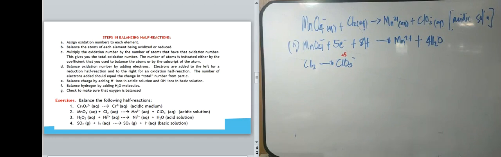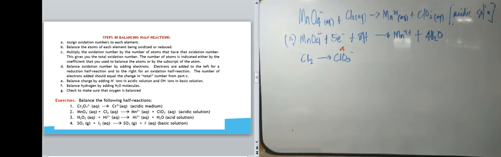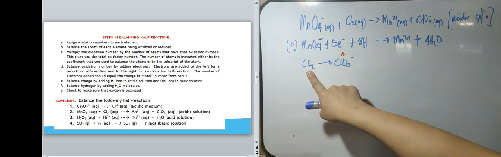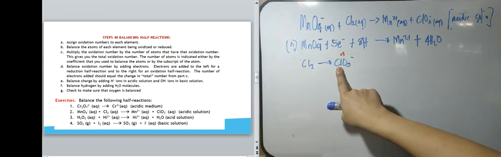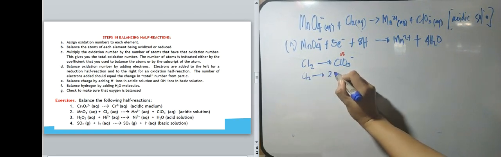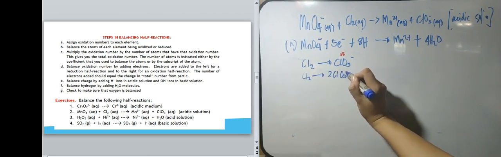So, following the steps, we need to balance the atoms being oxidized or reduced. There are two chlorine, so there should be 2 here as well. So, Cl2 to 2 ClO3 negative.